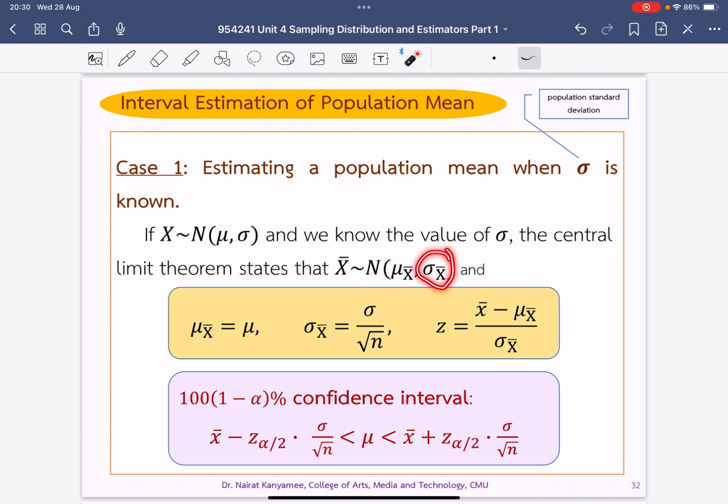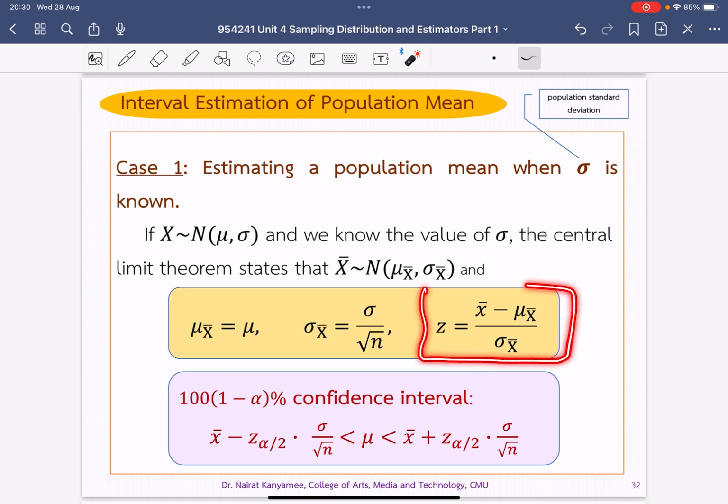And the standard deviation is sigma x bar. The mean of the sample mean is exactly the same as the population mean, but the standard deviation of the sample mean is sigma over square root n.